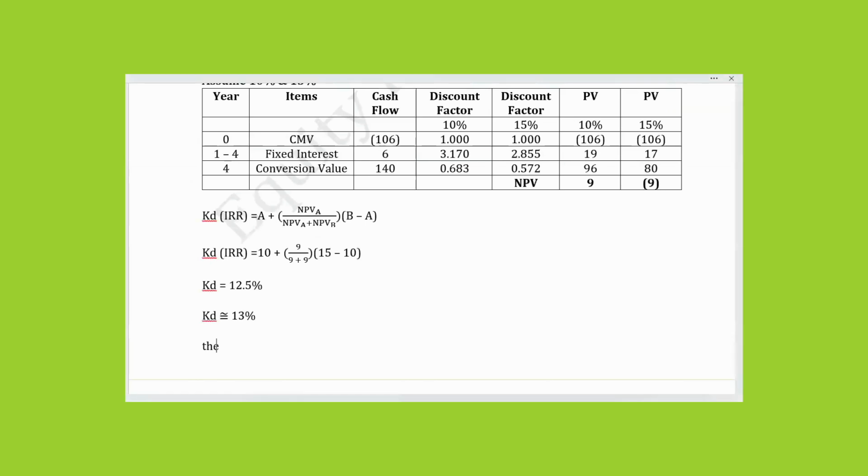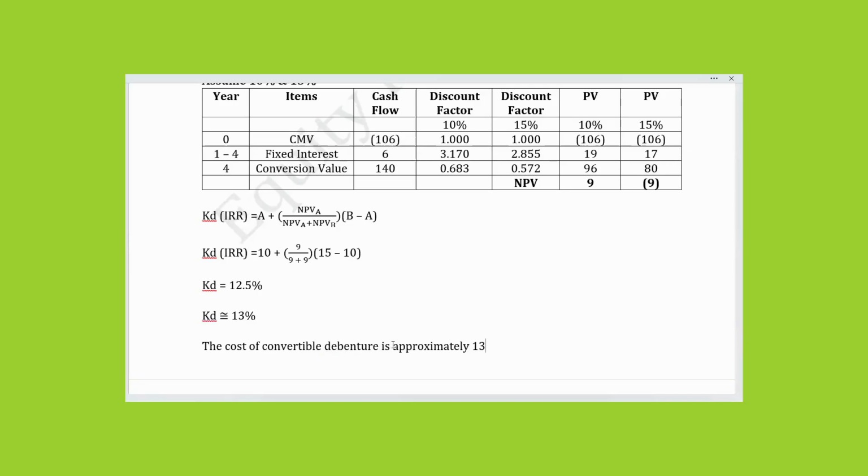You can then say the cost of convertible debenture is approximately 13%.